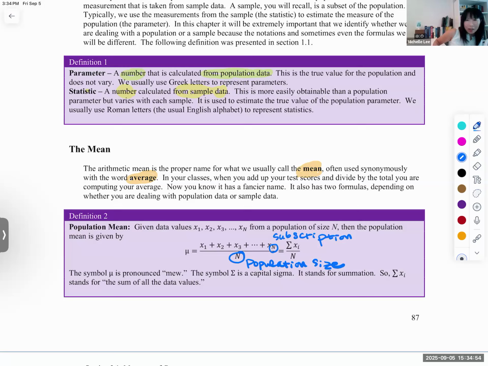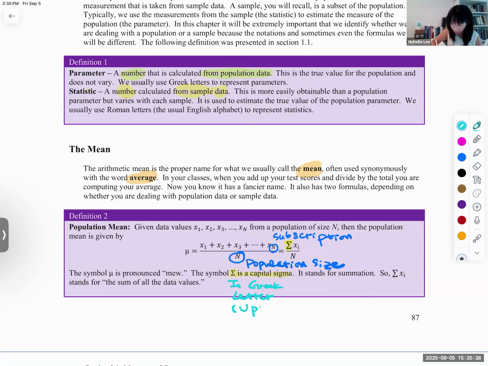Now we have this symbol, highlighted with yellow. That symbol we call, in Greek, the letter sigma. This one is a capital sigma, meaning uppercase sigma in the Greek alphabet.